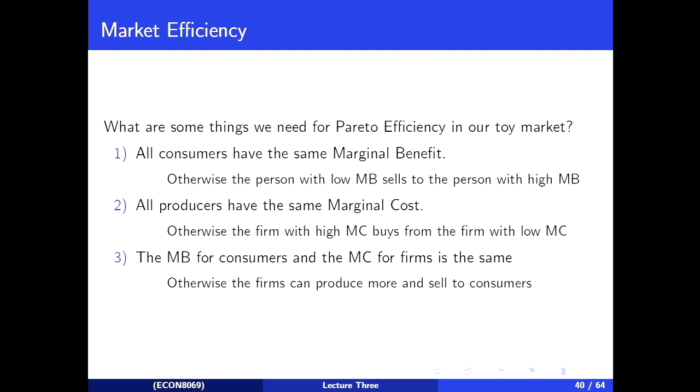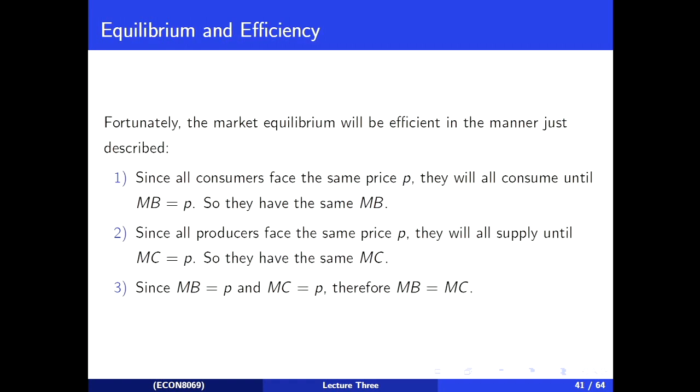Right? As long as we have these things, then in our nice little simple market that we're working with, we're going to have Pareto efficiency. And if we don't have these things, then we don't have Pareto efficiency. And so this is where the equilibrium idea is really, really nice.